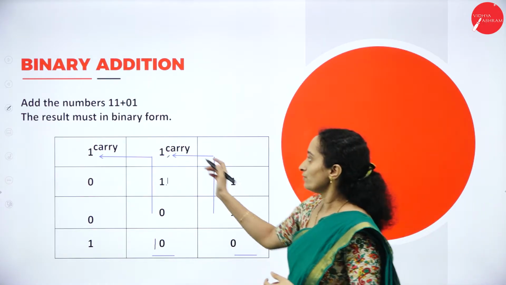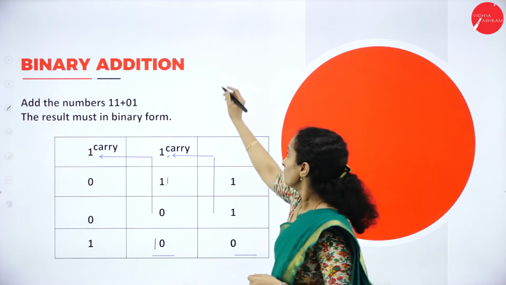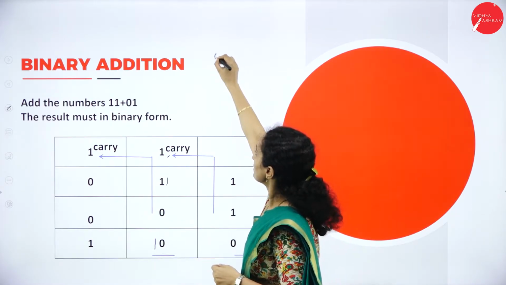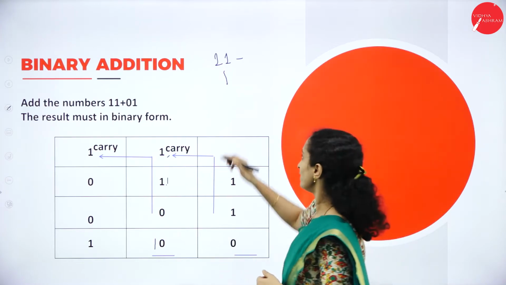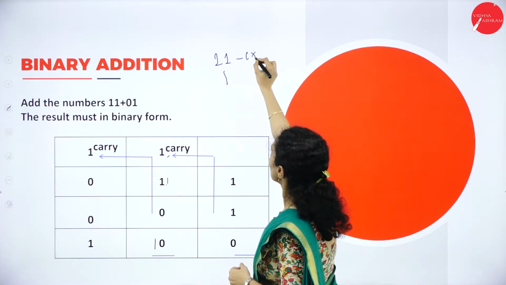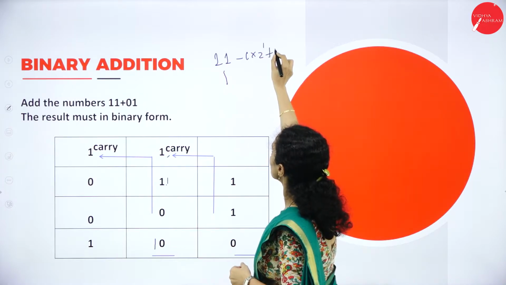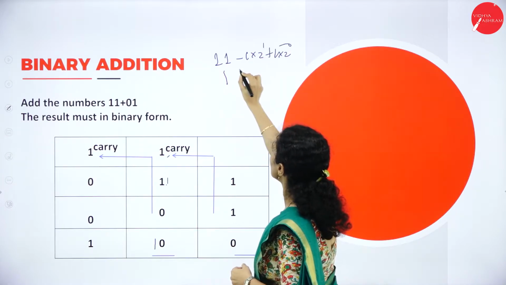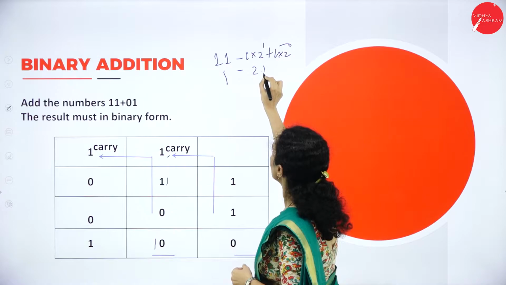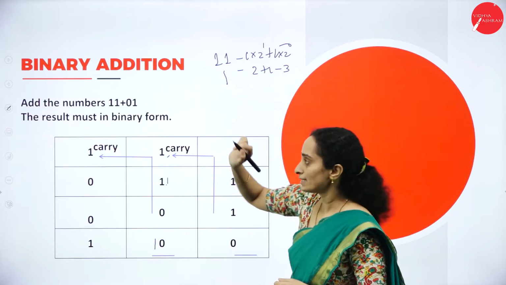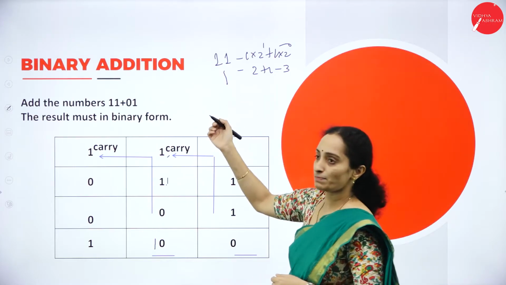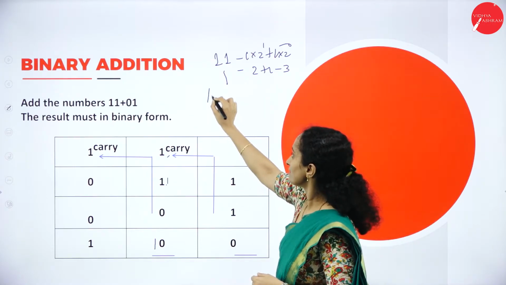Okay. If you want to counter check, 1 1 represents what value? It is 1 into 2 to the power of 1 plus 1 into 2 to the power of 0. It will be 2 plus 1, it is 3. 1 1 is 3 and the other is 1. 3 plus 1, 4. Is it true?